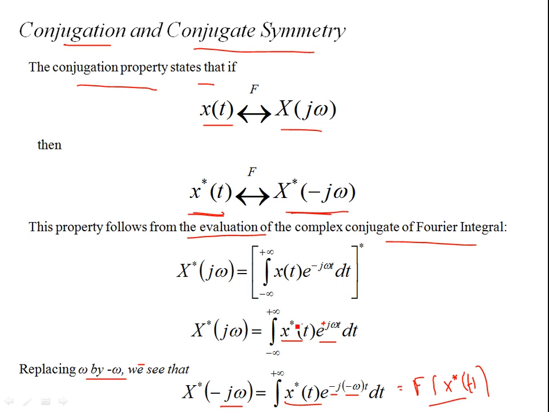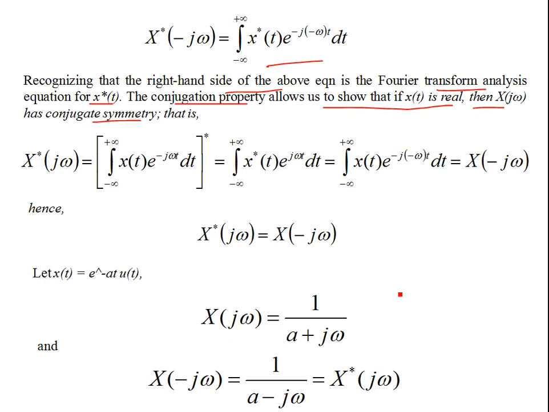But if x(t) is real, and that simply means if you take the star inside the integrand, then x*(t) and x(t) are the same thing, because x(t) is a real signal. Then you can write this as e^{-j(-ω)t}, which is the Fourier transform of x(t), but with omega replaced by minus omega. Therefore, X*(jω) becomes X(-jω). This is the famous conjugate symmetry property for a real signal x(t).